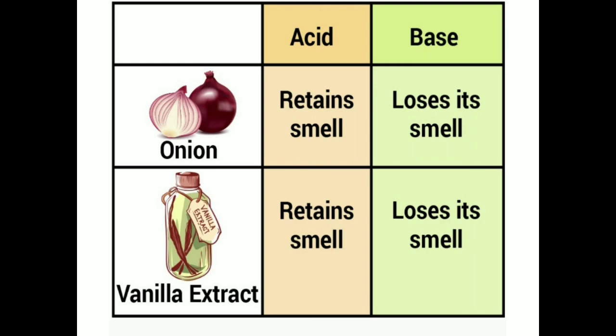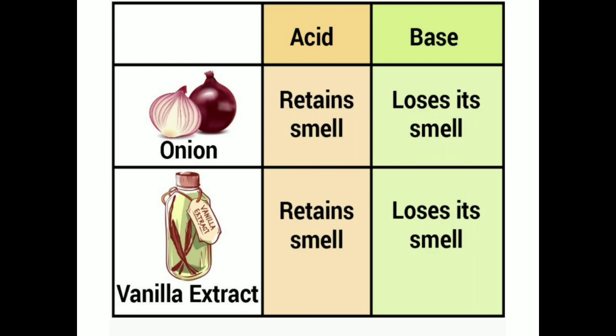Onion, when you dip it in acid, its smell and taste will change. The same onion, when you dip it in base, gives another smell and taste. So, with the change in the smell, you can come to know this is the acid, this is the base. Such indicators are called olfactory indicators, and this is very important from the examination point of view.